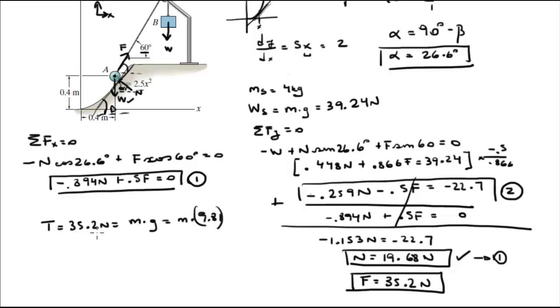So dividing that 35.2 by 9.81 gives you the mass, and the mass comes out to be 3.59 kilograms. Final answer for the mass, final answer for the force, and final answer for the normal force being exerted on the sphere.